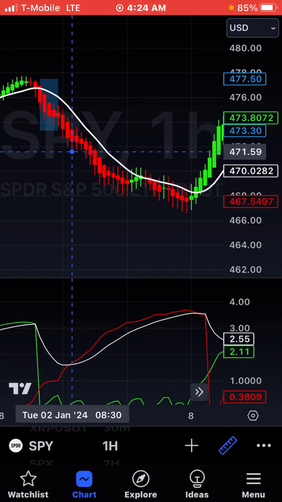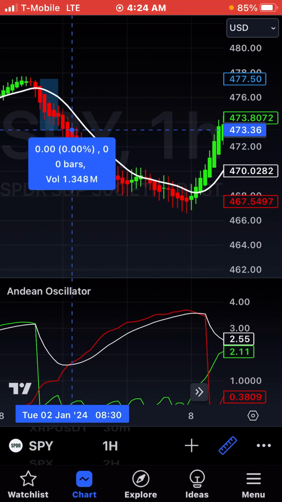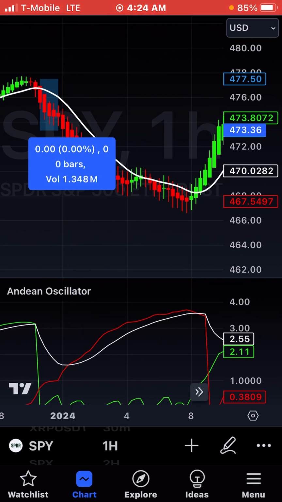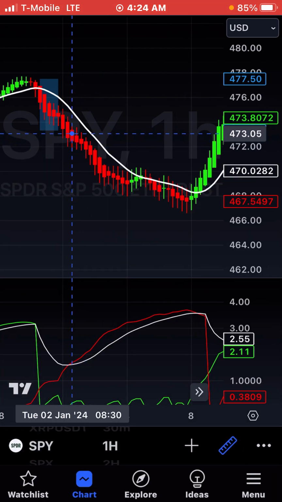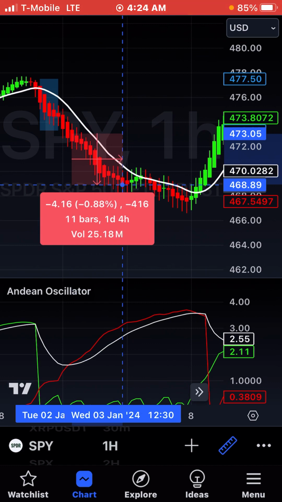It's the same thing, but you would enter here and do your put, and if you were doing it on Forex, you would do a short. You would ride it out from here to about here. It's the same thing, and you would have made $416.